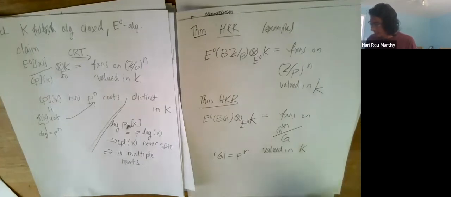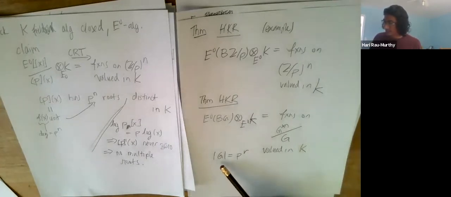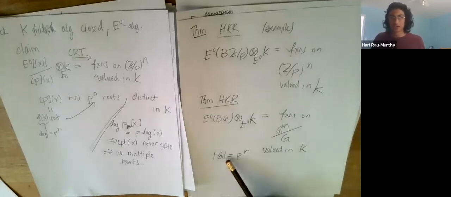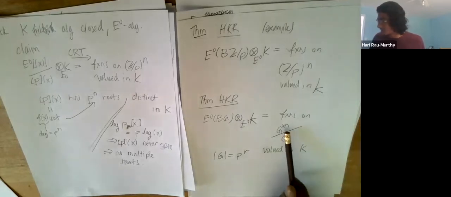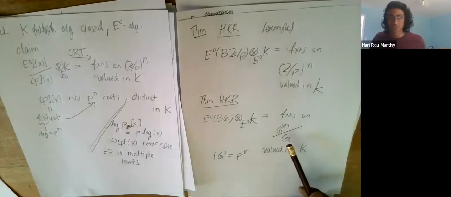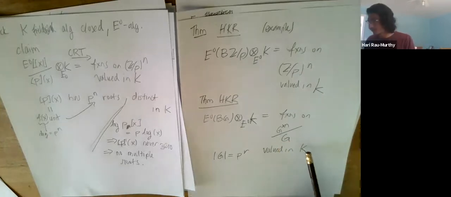And another thing they do is that by a silly trick, you can generalize this to groups that are not of order P to the R. You replace functions on G to the N modulo the conjugation action by functions on N commuting elements of P torsion valued inside K.